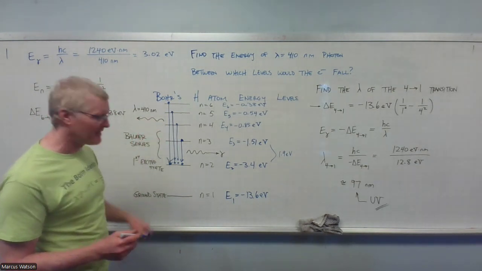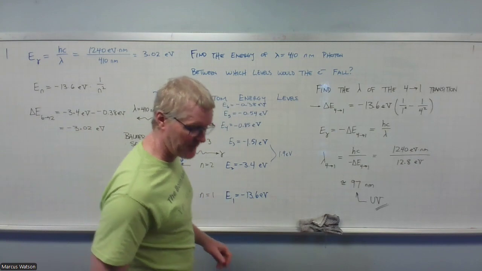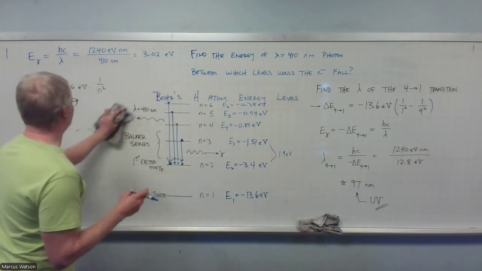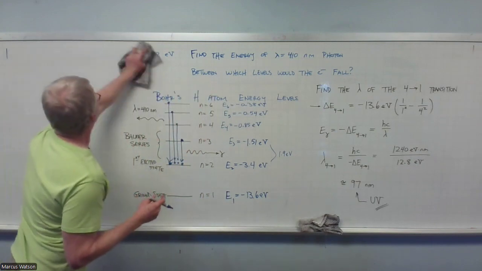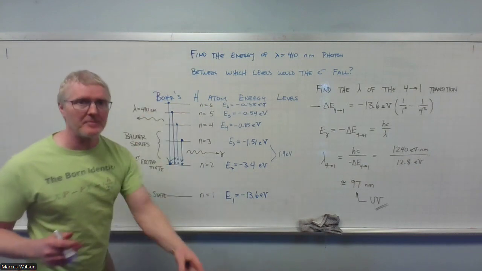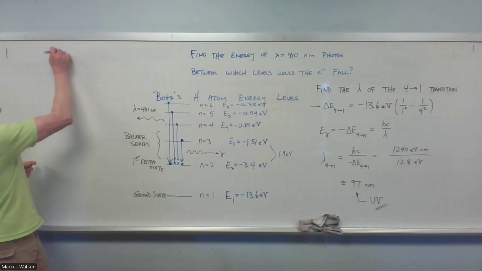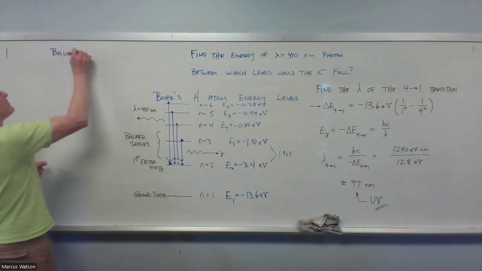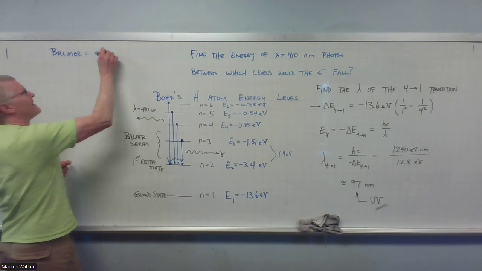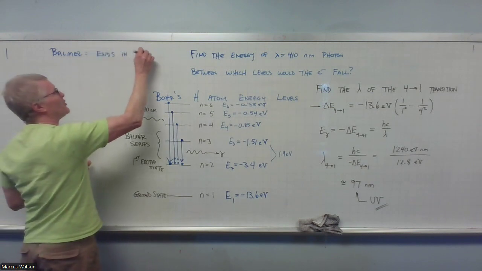It's something like that. So you'll see these words eventually, which correspond to the names of the people who investigated these wavelengths. So anytime you're talking about the Balmer, it ends in n equal to 2.